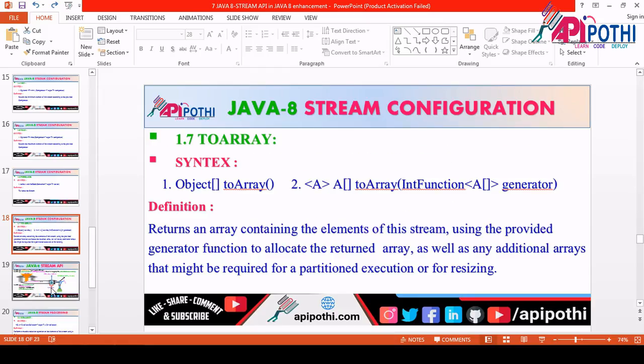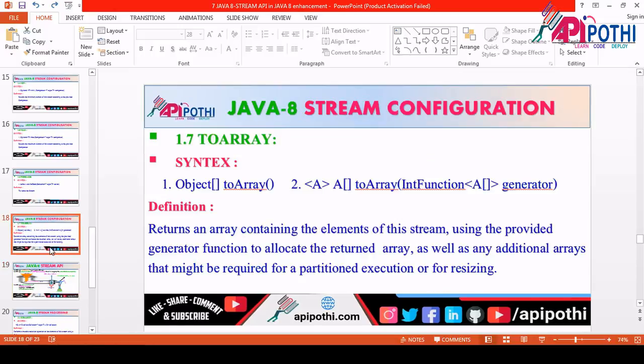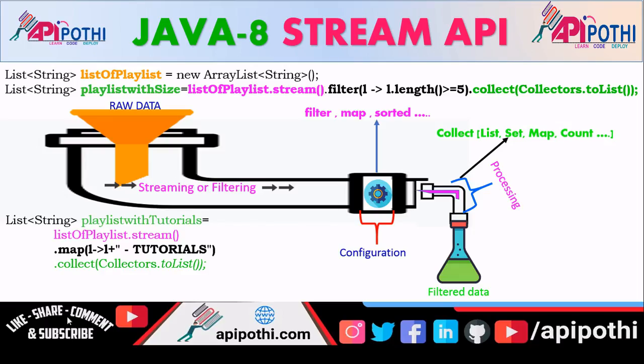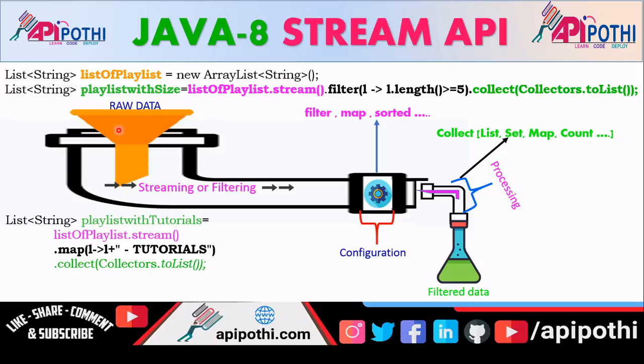Now which one is pending? We are done with the configuration area. Now again the same figure, now you will understand better. So whatever raw data we are getting, we are just passing into the stream, dot stream. After that we decide, depending upon the operation, what we have to do. If you want to do some filtering, we use filter.